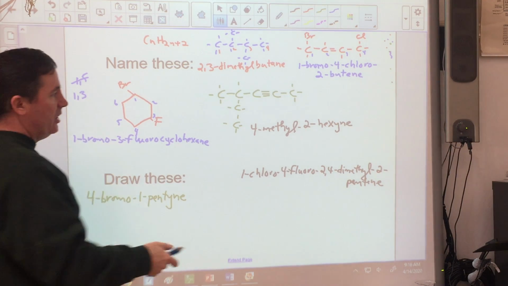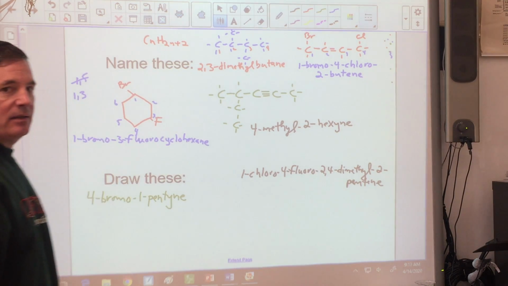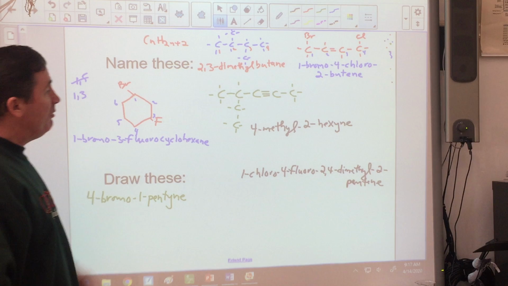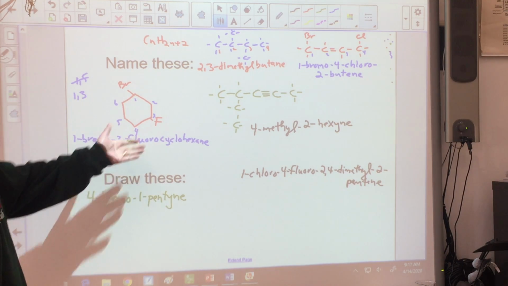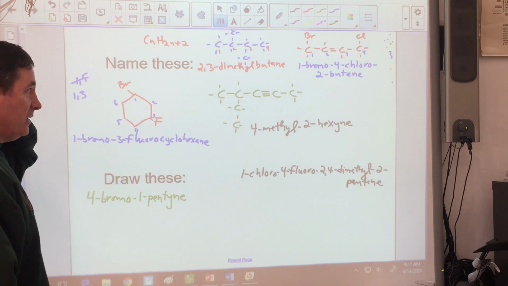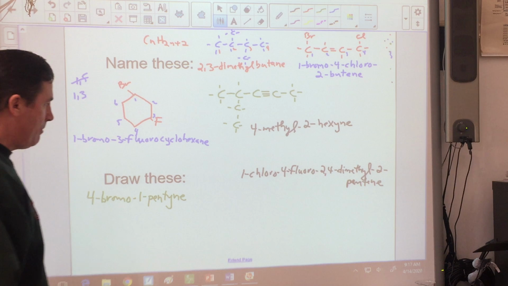Remember the variation? It could be 4-methyl-hex-2-yne. Okay? Hopefully you got those. That's really the extent of it. You're not going to get anything more complicated than that, except maybe a double bond on this. All right?